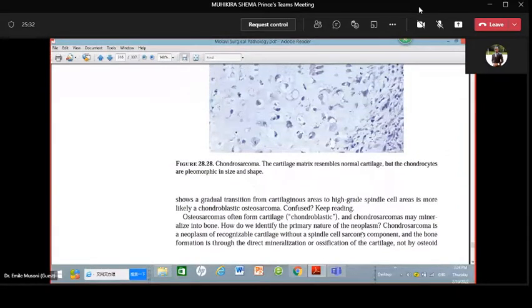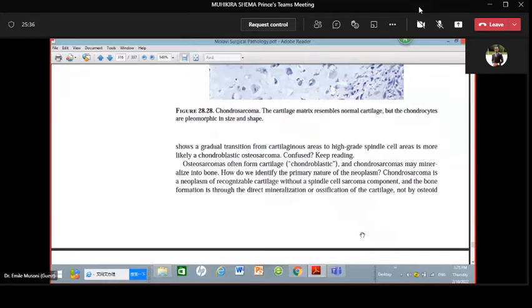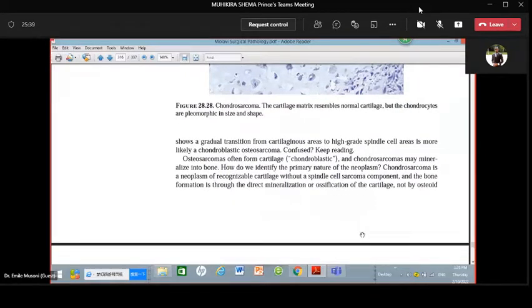Other things we see in some practicals, and you can also read about them in Robbins.